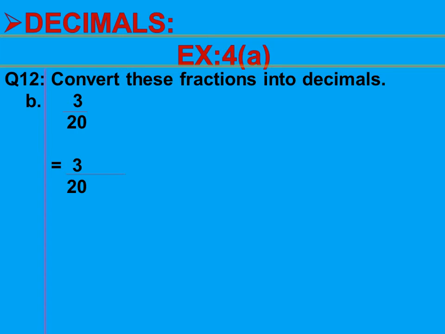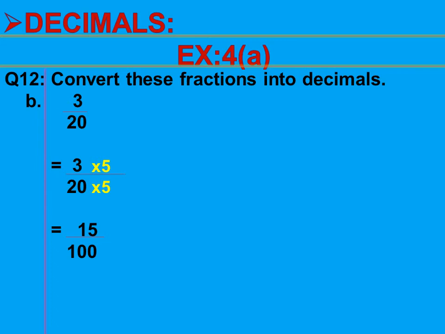Dear students, when we multiply this 20 by 5, we get 100. At the same time, we will multiply the numerator by the same number 5. After multiplication, we will get 15 in the numerator and 100 in the denominator.